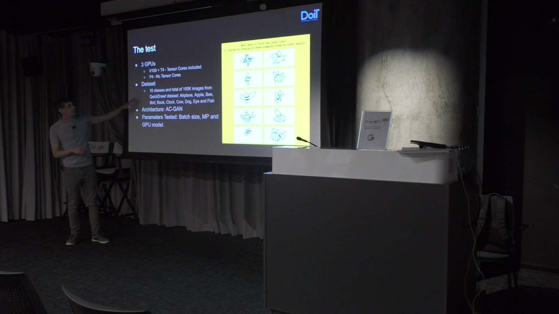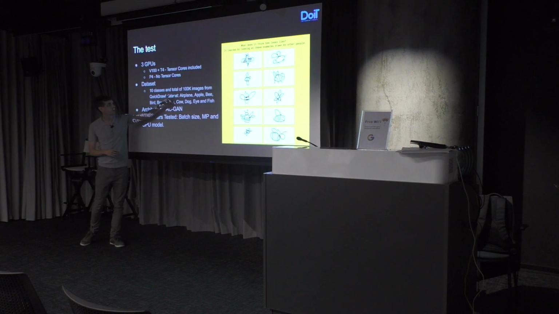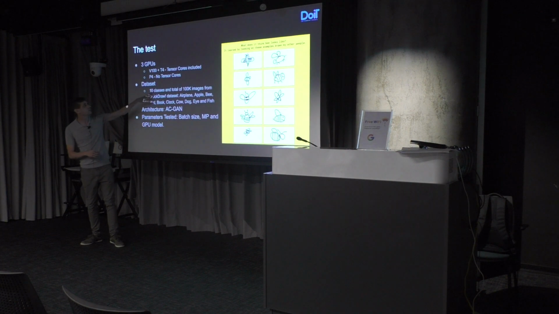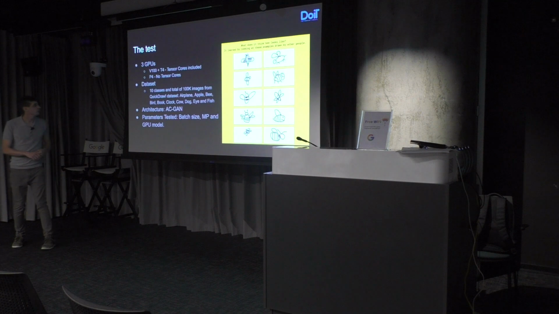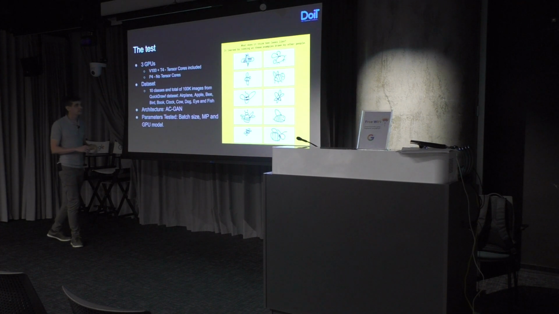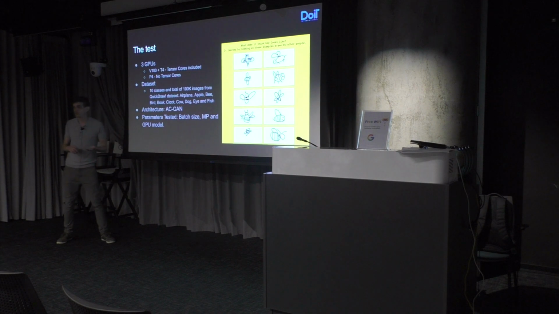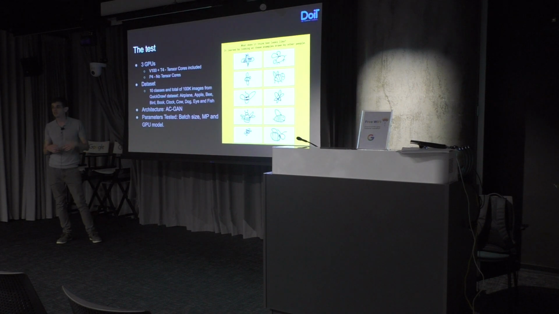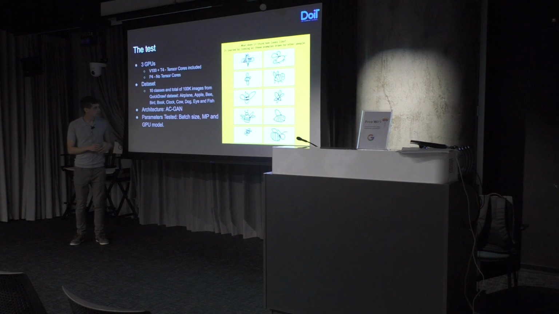As mentioned, the dataset was 10 classes of more than 100K images. We used an AC GAN, auxiliary classifier GAN. This is a GAN that, additionally to the generating process, is also training a classifier, which helps it converge faster and to better results.